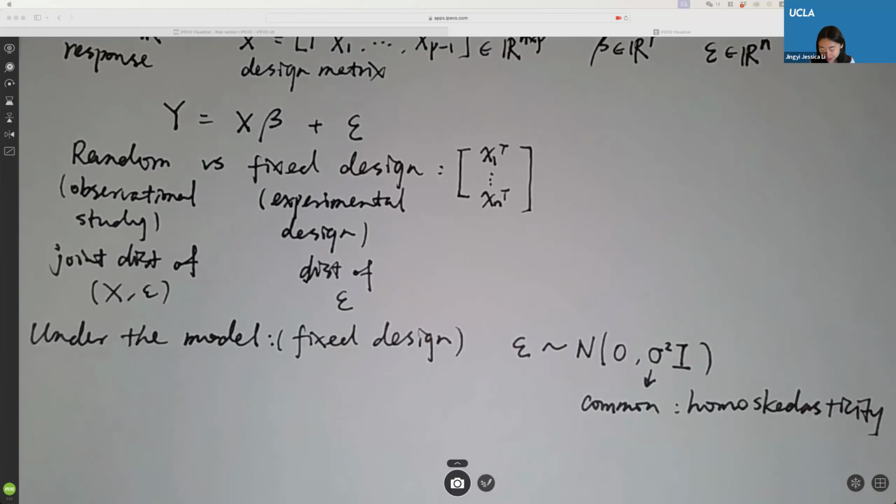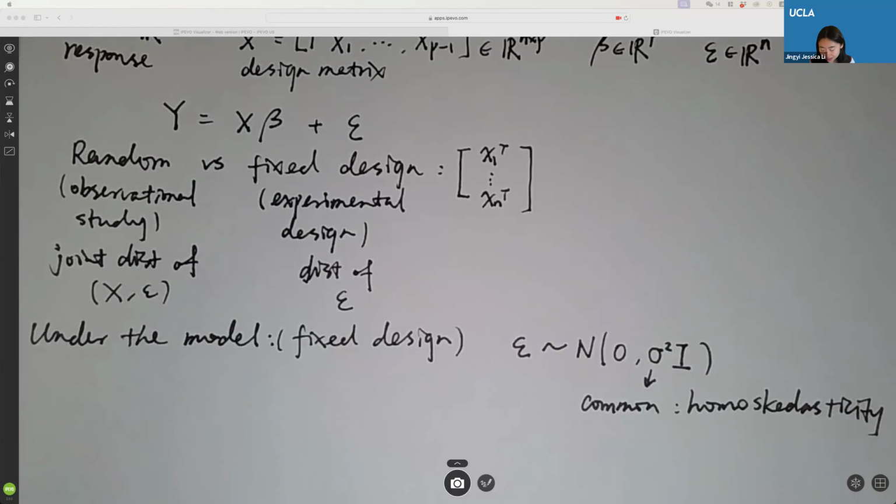We know that what's random is Y, and this requires some knowledge about how we can open up this variance.